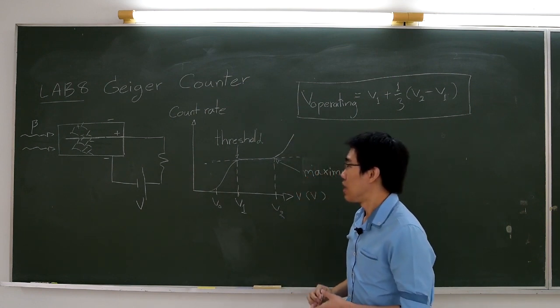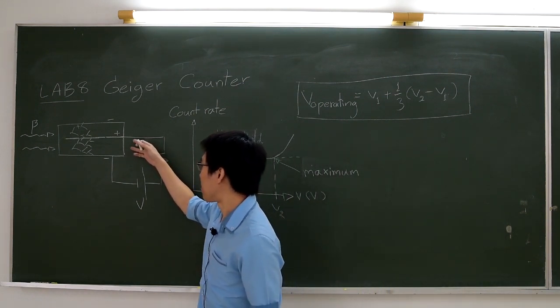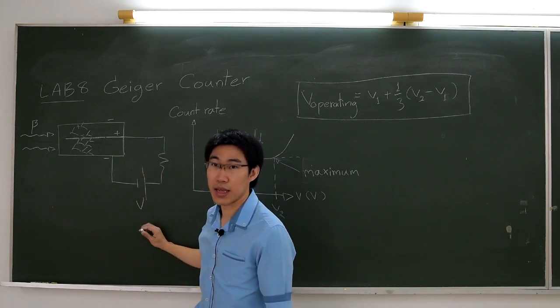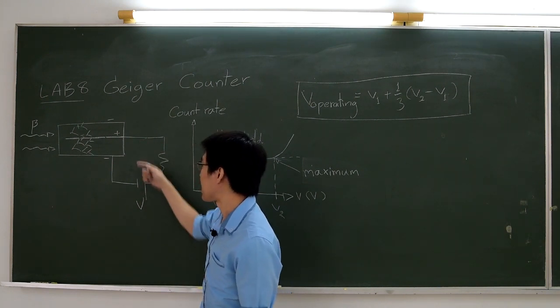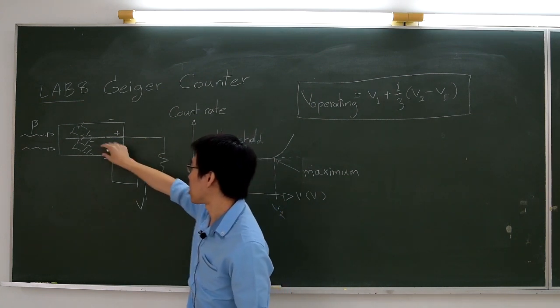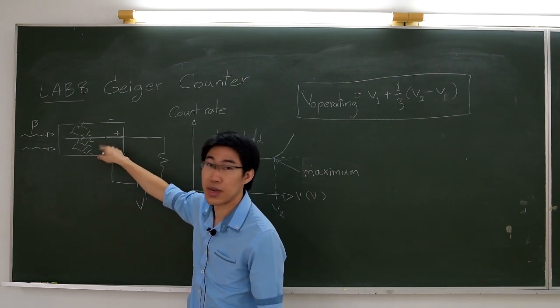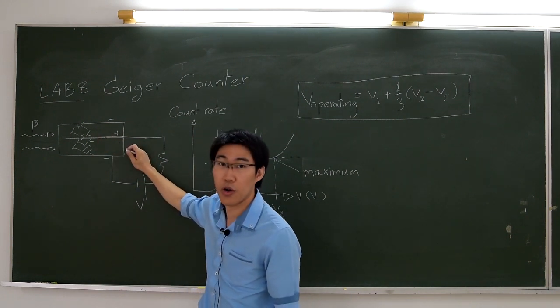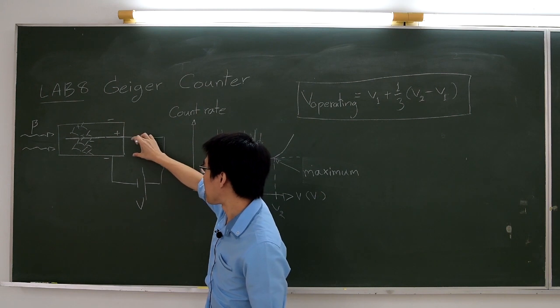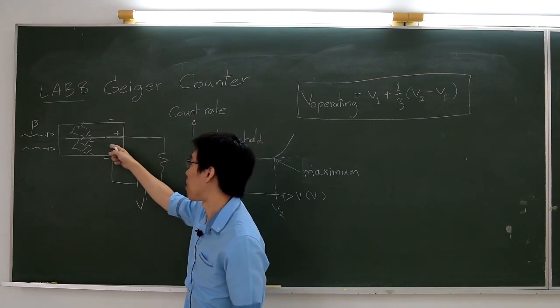To operate the Geiger counter tube, we have to apply voltage to the tube. If we operate it with low voltage, the energy is not enough to detect the radiation, so we cannot get any signal.